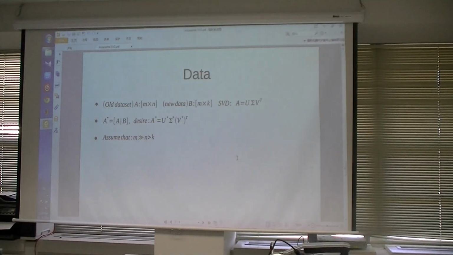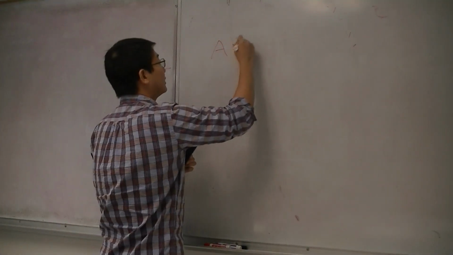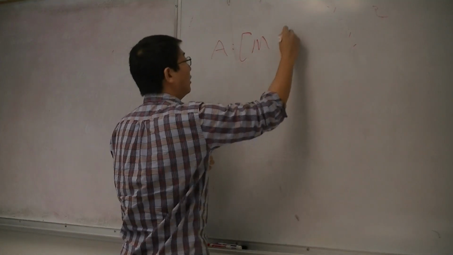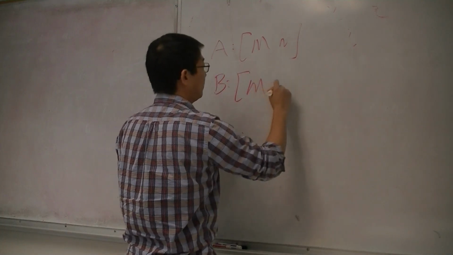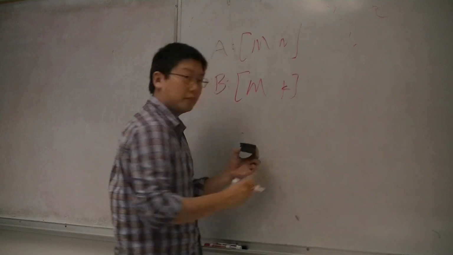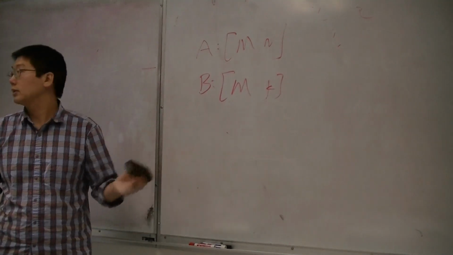And so the data is just new data. So in summary, we have old data, which is M by N. We have new data, M by maybe K, and K is much smaller. So generally, maybe only one image or so.